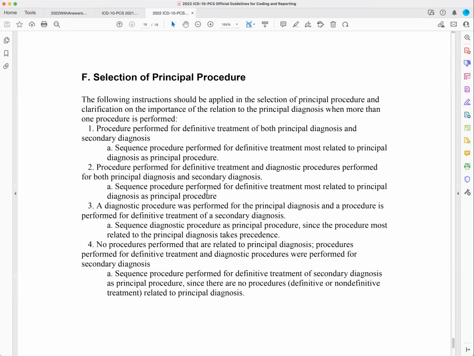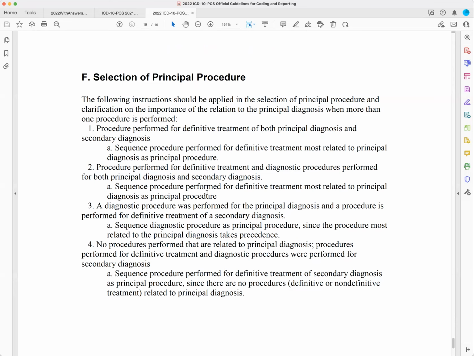You're not coding both the diagnosis and procedure together. So in a lot of cases, you don't even know what the principal diagnosis is. We're just giving you a little snippet of a case scenario and asking you to code it. So in cases like that, don't be concerned so much about what order you put them in. The point is just to learn how to code.